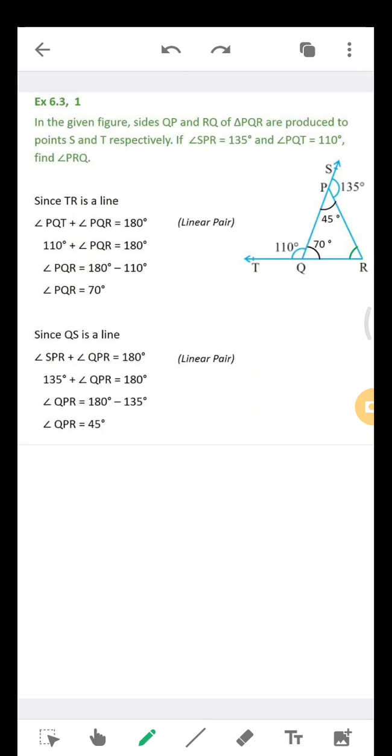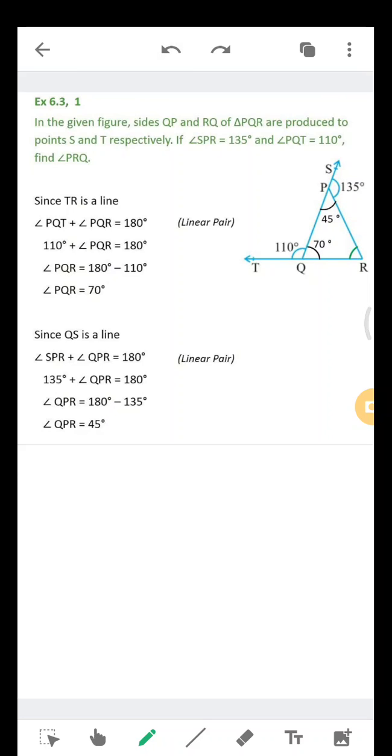For finding this QPR, I'll use this linear pair. SPR plus QPR is equals to 180. What is SPR given to us in the question? It is 135. So QPR will be equals to 180 minus 135, that is 45 degrees. So finally we have got two interior angles of a triangle.